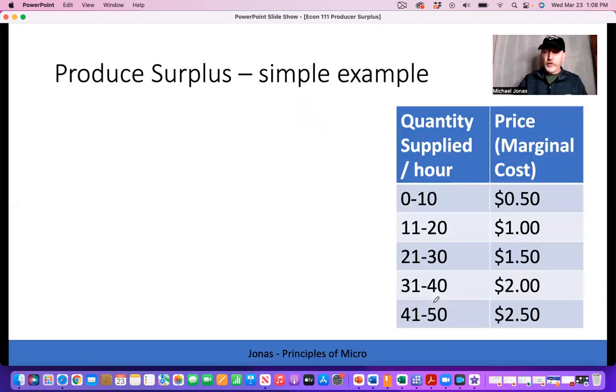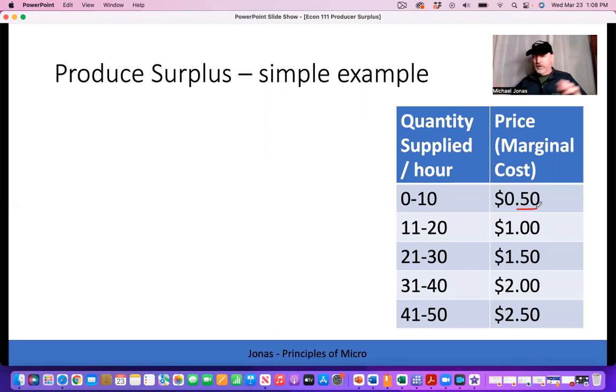So just a real quick, simple example here. Imagine we have a supply schedule that looks like this, and notice we've kind of broken up the quantity column here into these little segments, right? And imagine whatever the case is, these are cups of coffee being produced per hour. For every unit between 0 and 10, the cost of production is 50 cents, right?